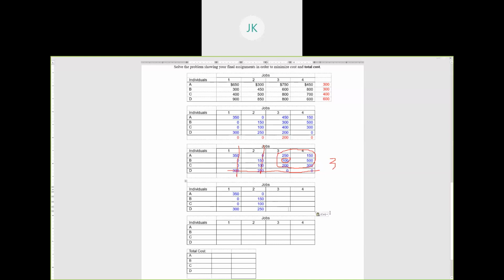And this one 0, 0. But here, minus 100 from these numbers not covered by a line. So 150, 0, 200, 100, and 50, 400, and 300, 200.